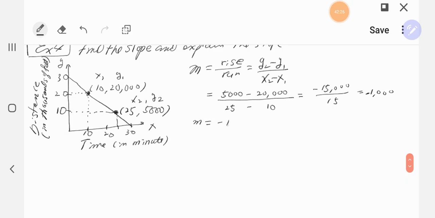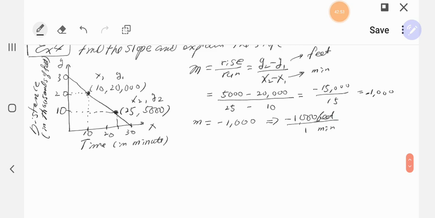Slope is negative 1,000. Okay, slope means rise over run, right? Rise indicates the feet, distance. And run, what's the unit for the run? It's a minute, right? So this means negative 1,000 over 1, feet over 1 minute.